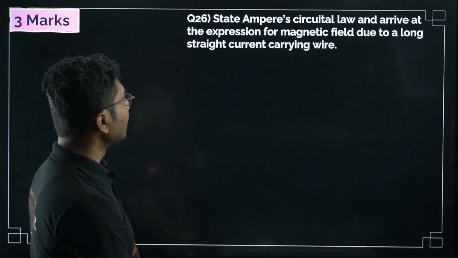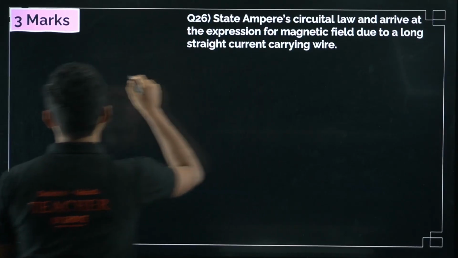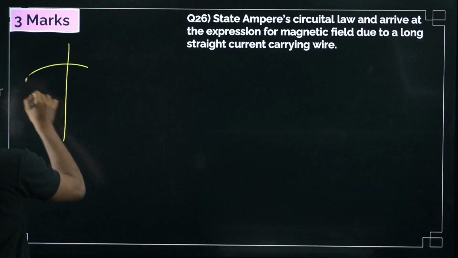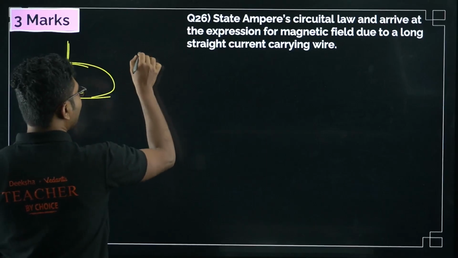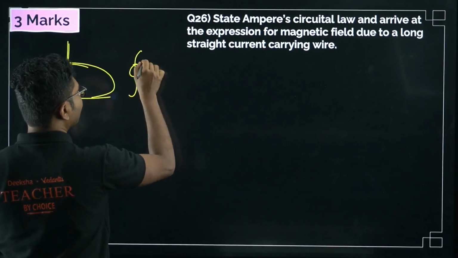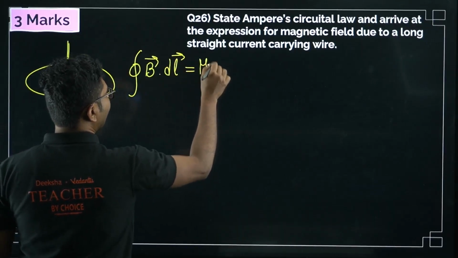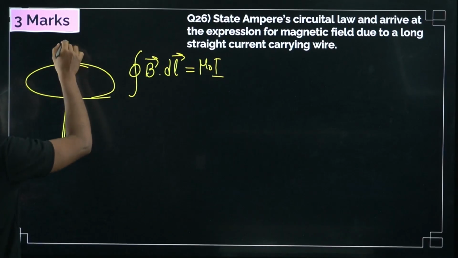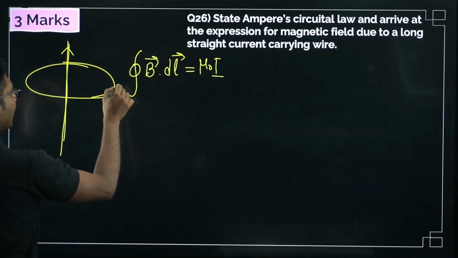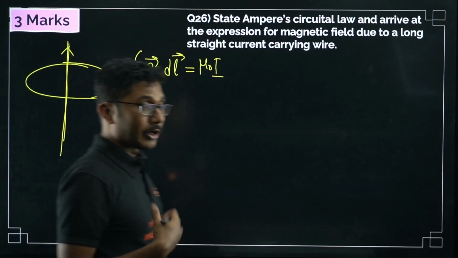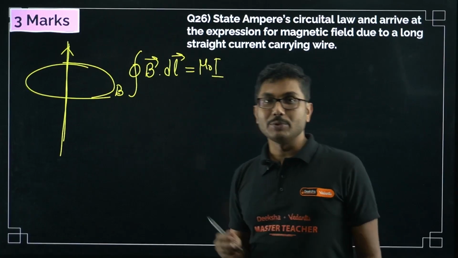Okay, so Ampere's circuital law states that the line integral of B dot dl around any closed loop is basically mu naught I. So if the magnetic field due to some current carrying element is B at some point on a path, then if you take the path integration of B dot dl, you get mu naught I enclosed.